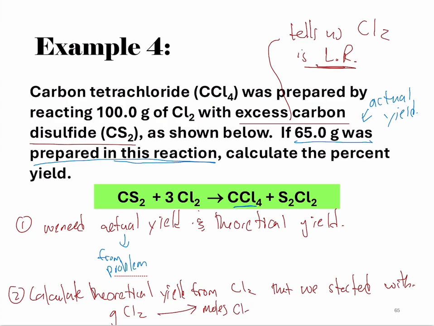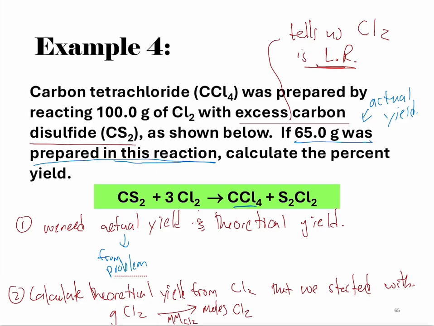Chlorine gas, right? Because when we go from grams to moles, we can only go between grams and moles of that compound. We can't convert between compounds until we get to moles. So first we go to moles of chlorine gas using the molar mass of chlorine gas.